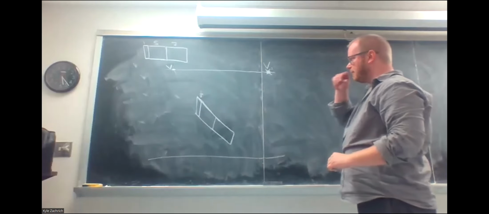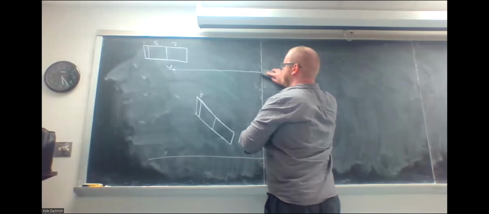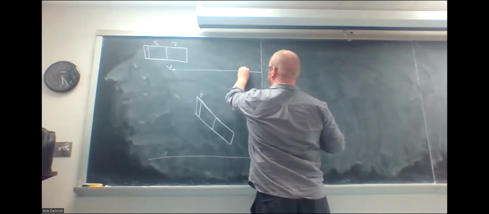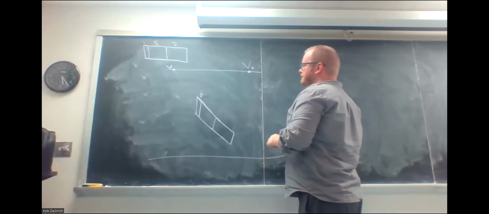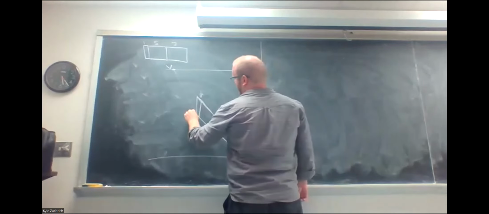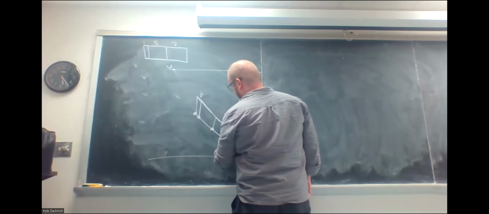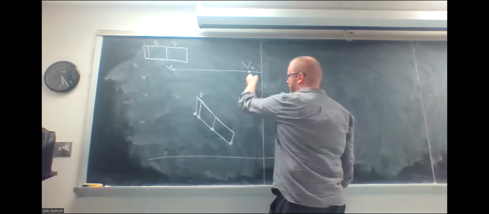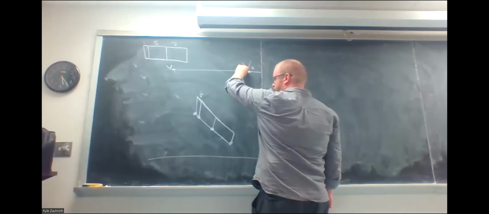Draw a parallel line underneath here. Actually, I'm going to draw this a little closer. Then I'm going to take these points here, here, here, and here. And I'm going to connect them with my vanishing point and this line that I've drawn down here.